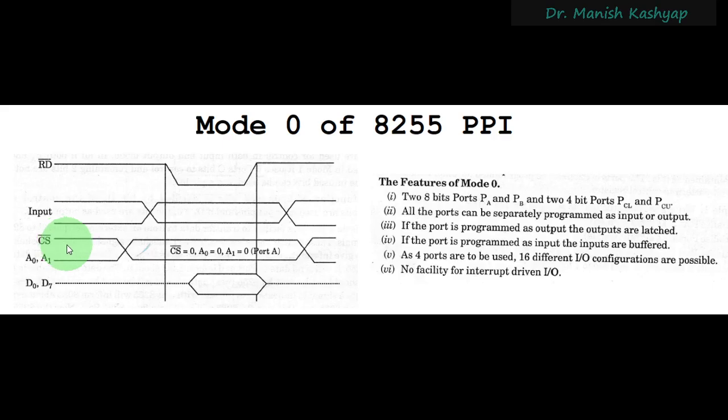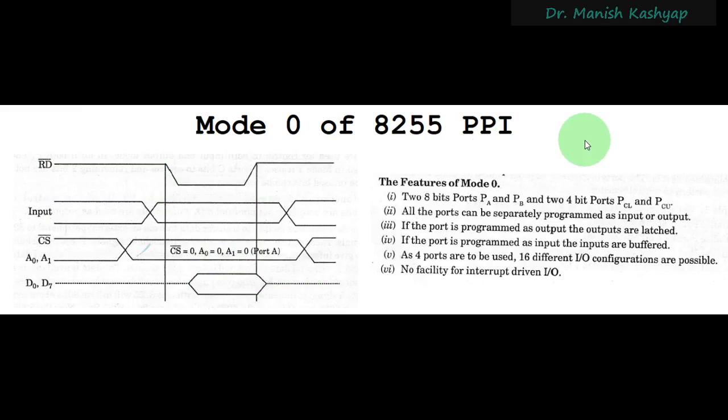After activating it, we need to tell it which port to use, because I want to read the data from port A. So these signals have to be initialized first. After that, your peripheral can put the data onto 8255. That's what happens here. And after that, the microprocessor can lower the read signal line. That means the read bar line is lowered, so it is activated because it is an active low signal. And then the process of reading happens. So this is as simple as that.